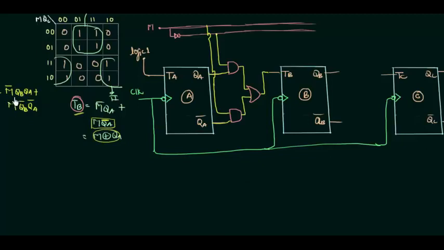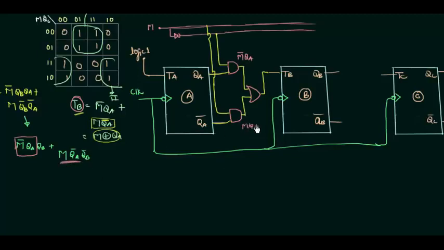TC is equal to M complement QB QA. If I rearrange this a little bit, I have M complement QA QB or M QA complement QB complement. You can see this M complement QA is nothing but the output of this AND gate. Here I'm having M complement QA, and this M QA complement is the output of this AND gate.